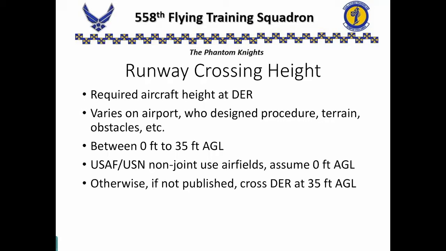At any other airport, 11-217 says we should plan to cross the departure end of the runway at 35 feet AGL. So if the runway crossing height is not published anywhere, and we're not at an Air Force or Navy non-joint use airfield, we're going to assume that the 200 foot per nautical mile clearance plane begins at 35 feet above the departure end of the runway.